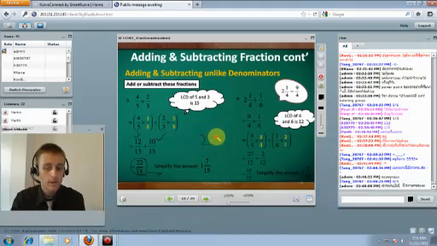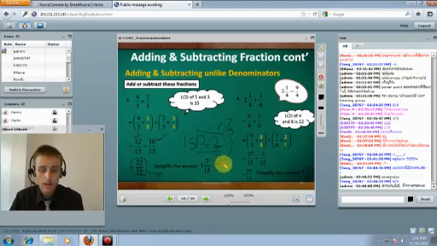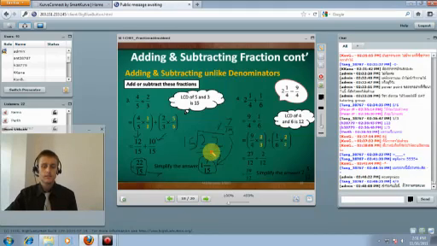So all we do is do the division. 22 divided by 15. 15 goes in once. You subtract, 15 from 22 equals 7. The remainder is 7 over 15. The final answer is 1 and 7 over 15.